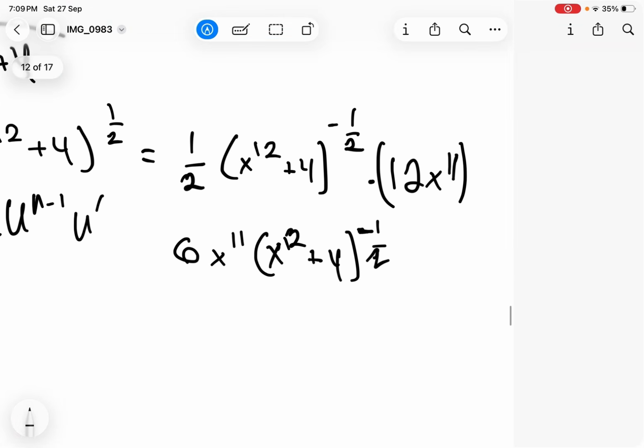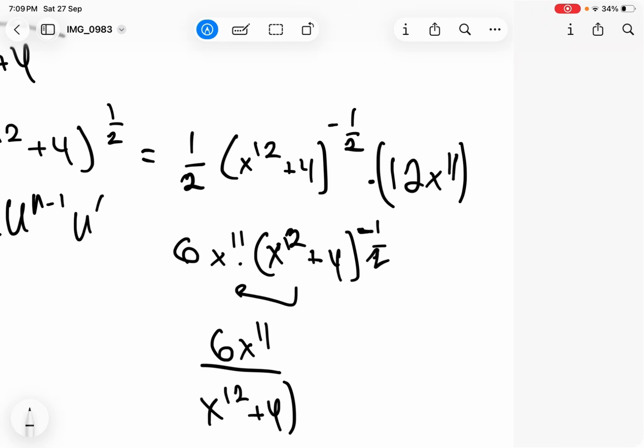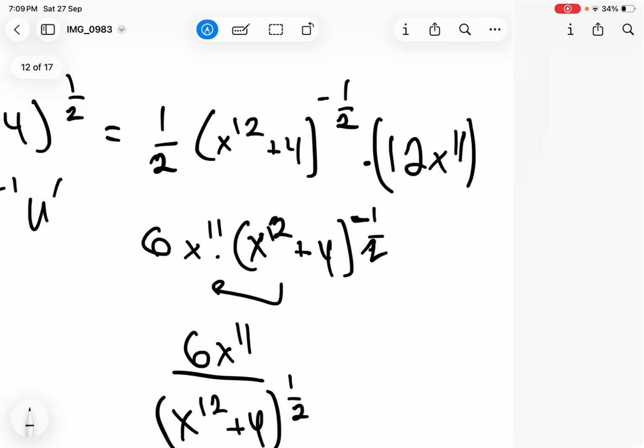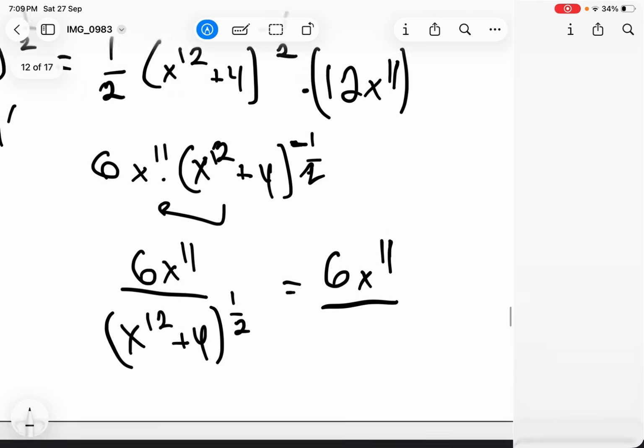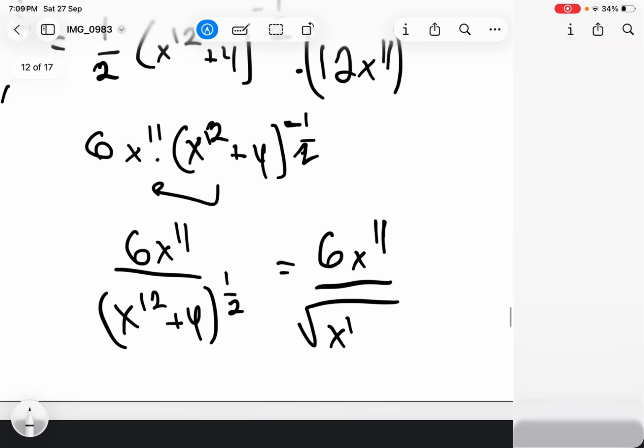Since you have a negative exponent here, you move it down as a fraction. So it'll be 6x^11 over (x^12 plus 4) to the power of half. And to the power of half is equal to a radical of x^12 plus 4. And that's your final answer.